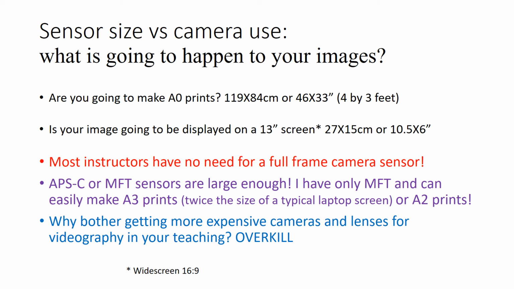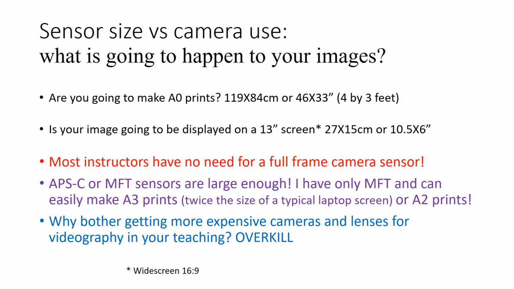This would mean that in a typical lecture, a typical Zoom situation, there's no need to have a full-frame camera sensor with more megapixels, which can provide greater resolution. An APS-C or a Micro Four Thirds sensor will be large enough.